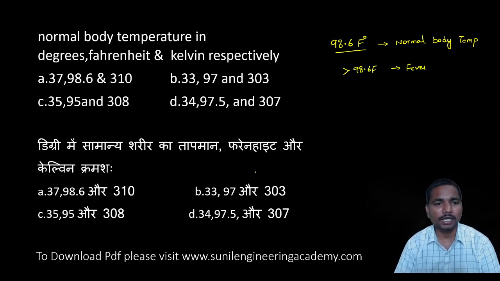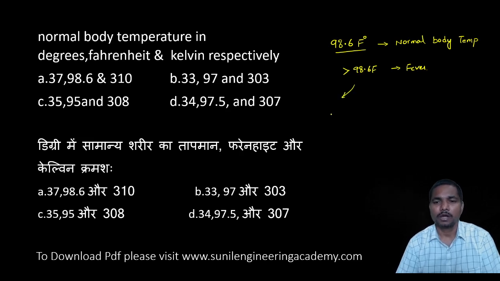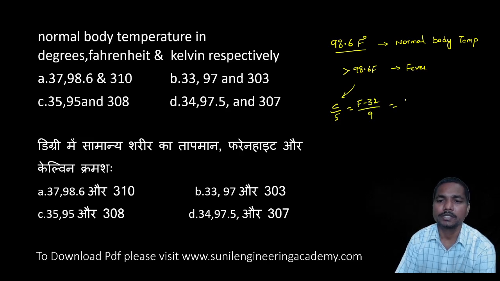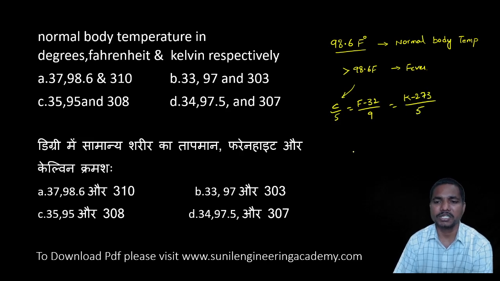If they are asking in degrees, you can convert it into degree Celsius. How can you convert? We have C by 5 is equal to F minus 32 by 9 is equal to K minus 273 by 5. So this is the relationship we have.